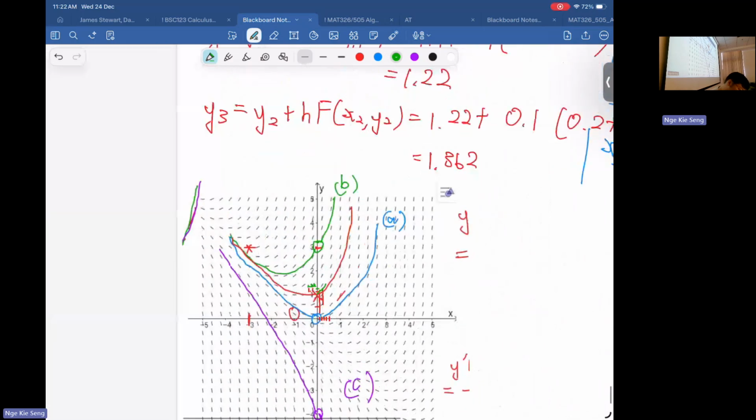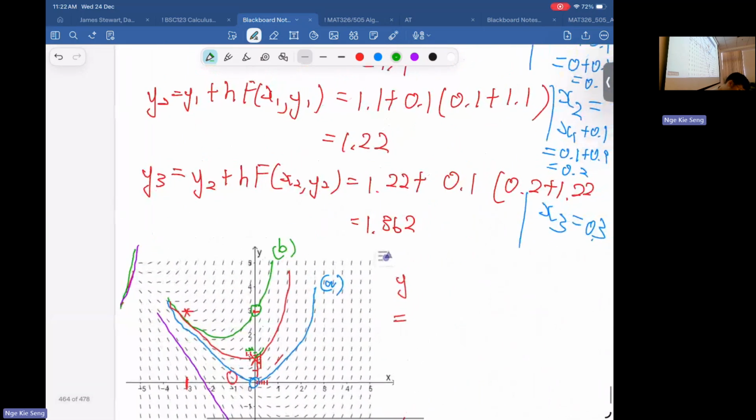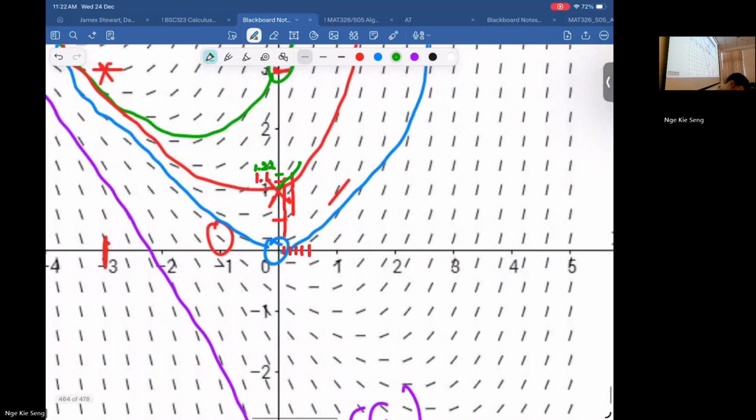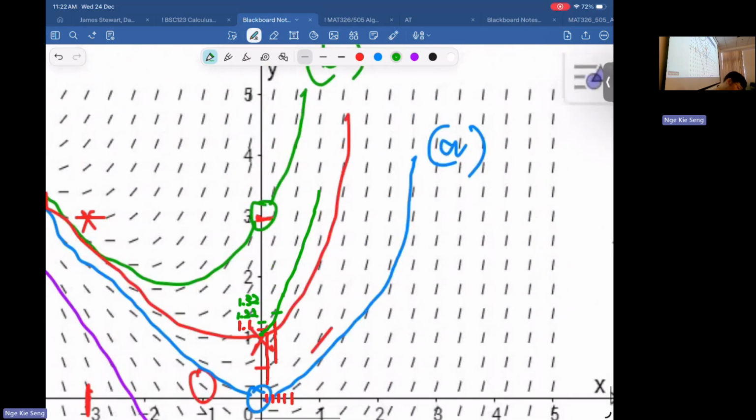And then 0.3, 1.362, maybe then you continue like that. But even this is not precise, right? Because you can make it more precise, like 0.05, 0.001. So the actual curve could be looking somewhere like this.